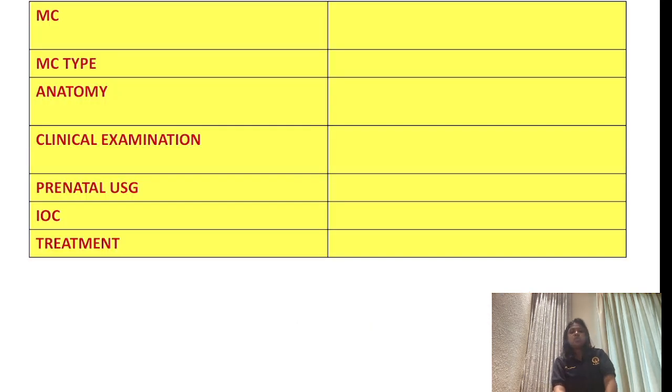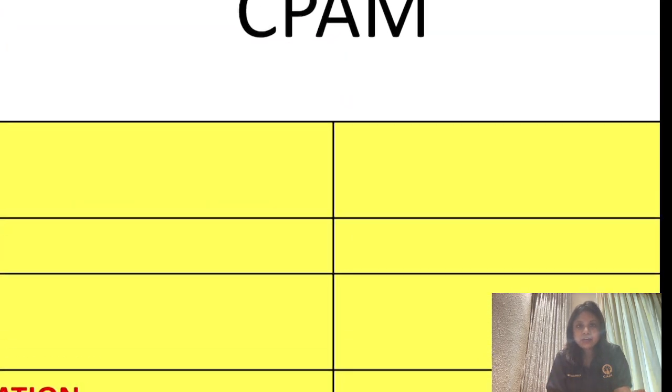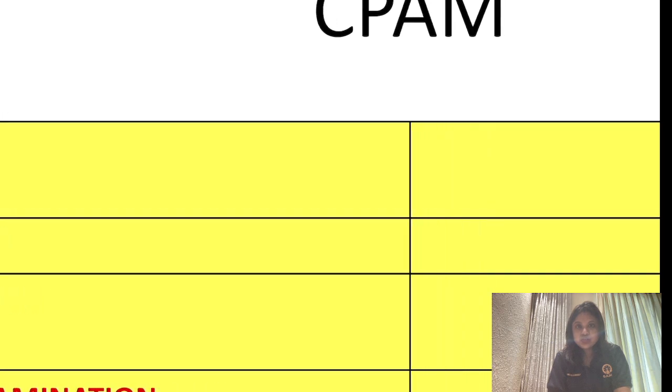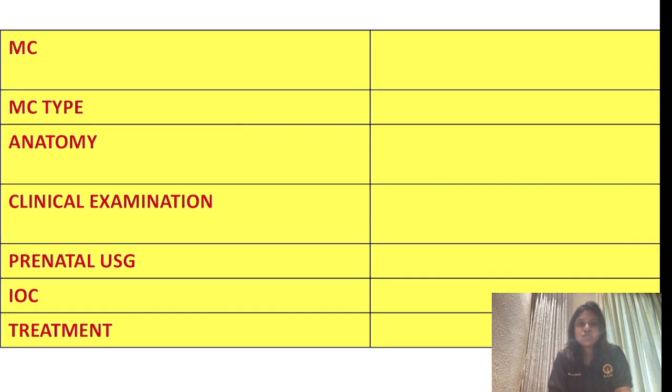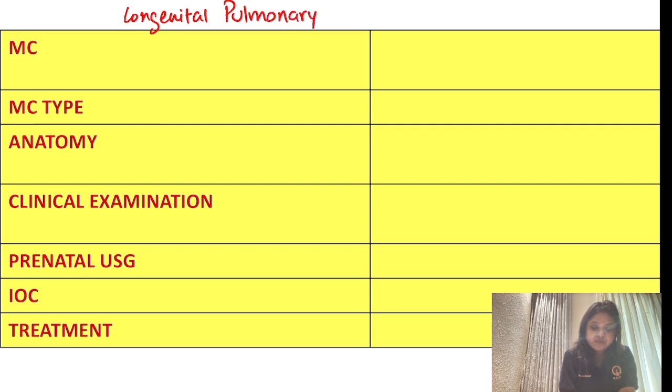Next, we are going to do a congenital malformation of the lung, that is known as the congenital pulmonary airway malformation. So it is also known as CPAM. First, we used to call this congenital cystic adenomatoid malformation. So now we call it congenital pulmonary airway malformation.